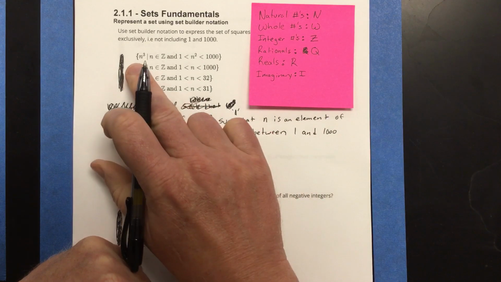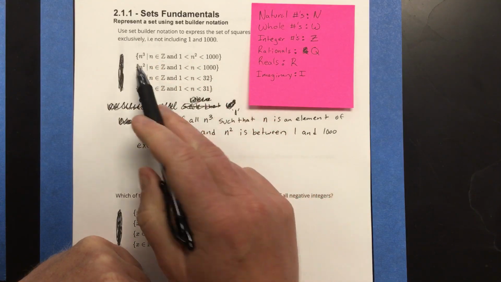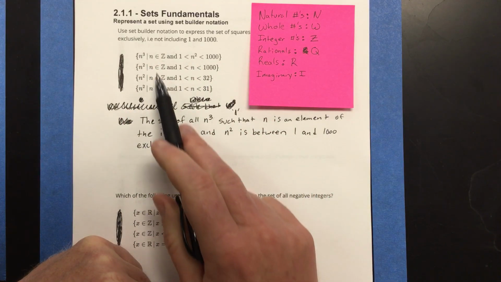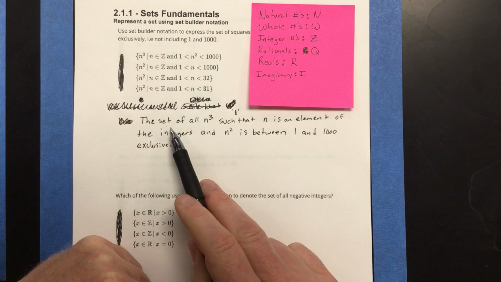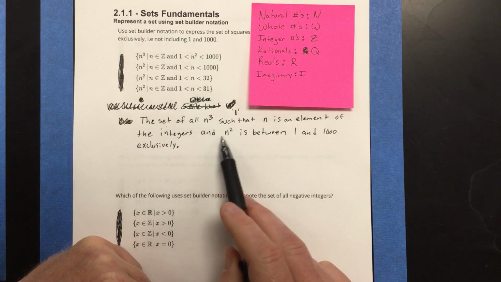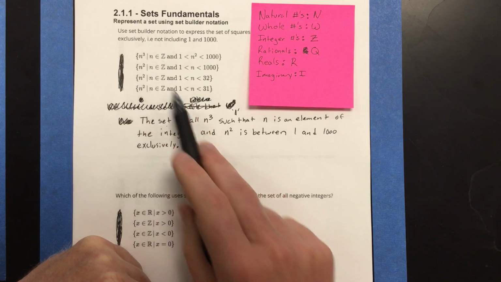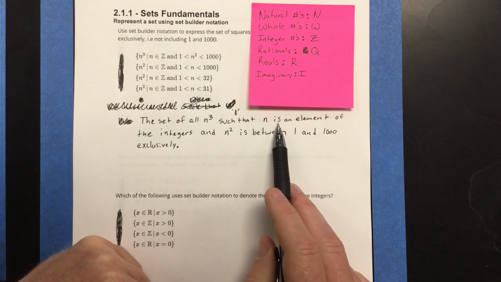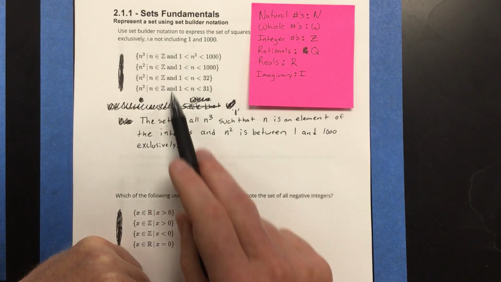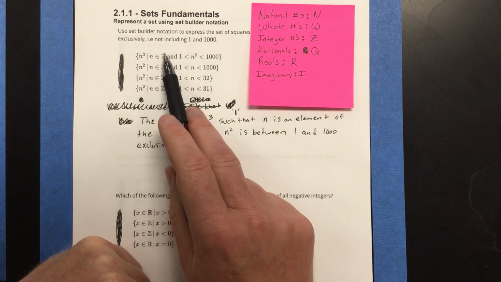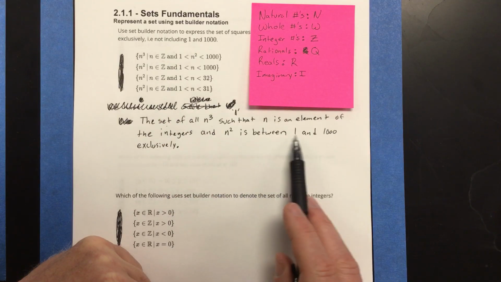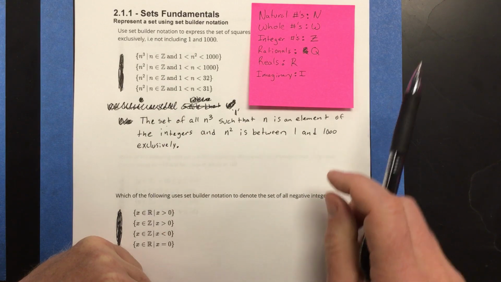So that's how you would read the set builder notation. Again, the bracket says that we have a set, the set of all n cubed, and then this vertical line means such that n is an element of the integers, and n squared is between 1 and 1,000 exclusively.